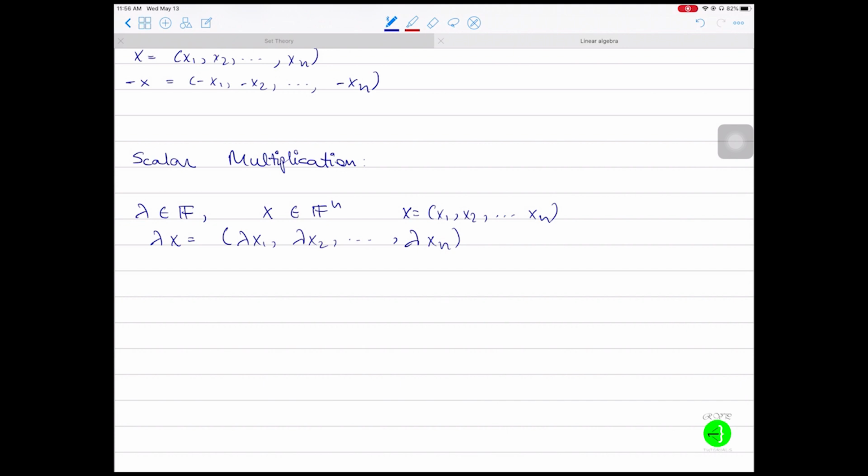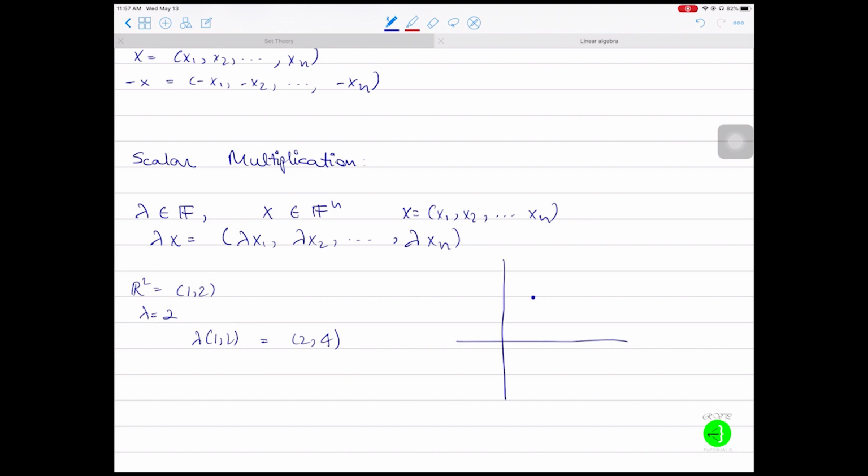And if we were to talk in R2 or R3, it is really easy to visualize. So if in R2 we had a point 1, 2, and a scalar lambda equal to 2, then lambda times 1, 2 would be 2 times 1, 2, which is 2, 4. So we easily magnify the vector by 2.